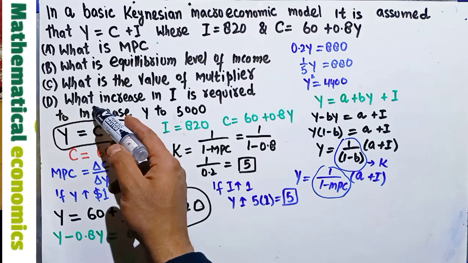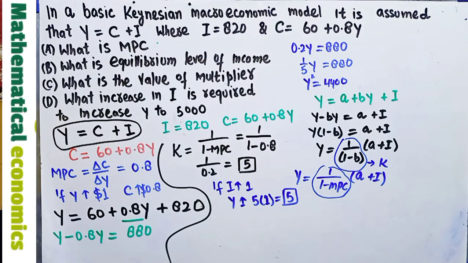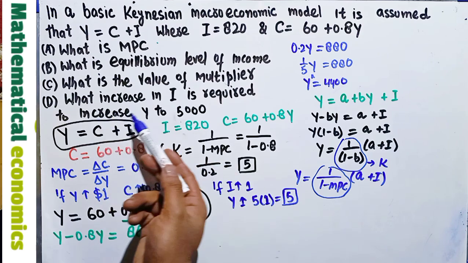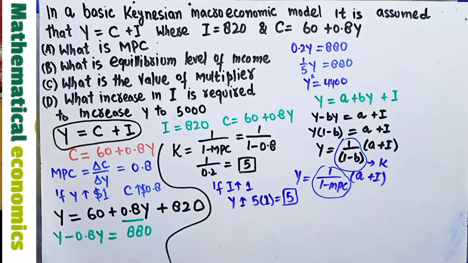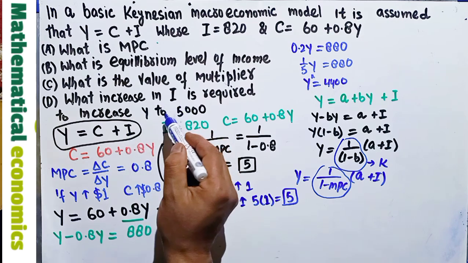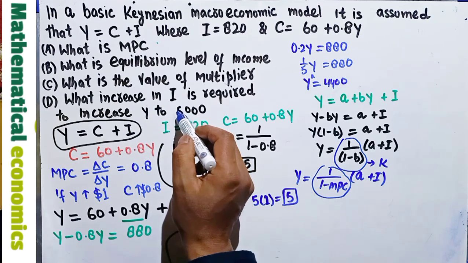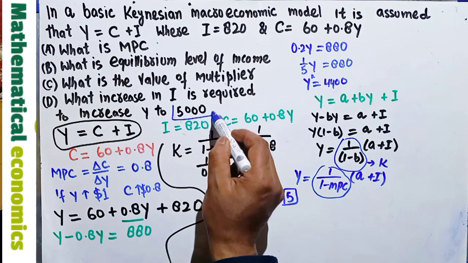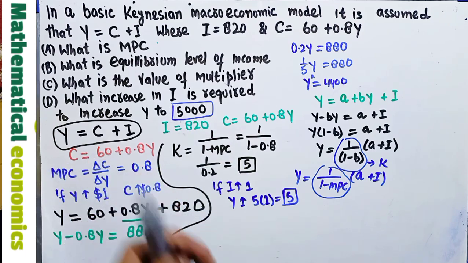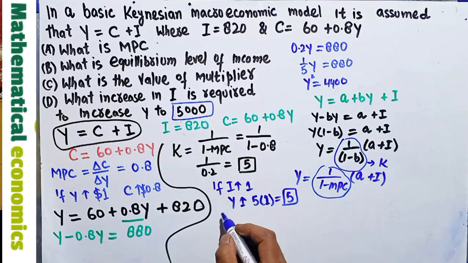Next question is, what increase in the investment is required to increase y to 5,000? We have to find out how much investment should increase so that income increases to 5,000. Now what is the change in income required here?